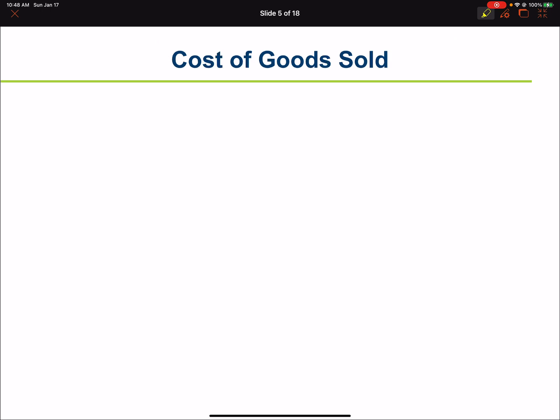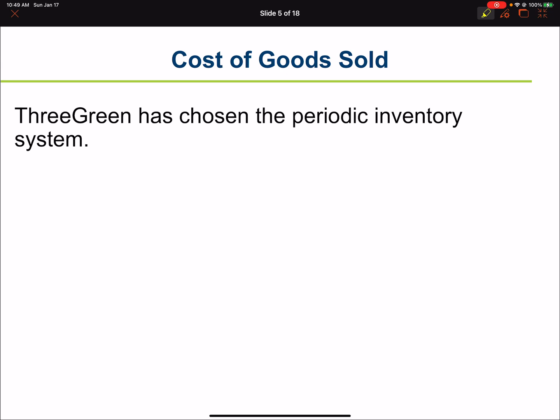And again, that's just counting your inventory and doing adjustments, kind of like what we did before. Your cost of goods sold. Three Green has chosen the periodic inventory system. And again, that's checking your inventory at the end of the fiscal period and making adjustments there.